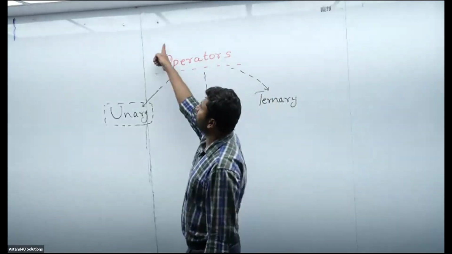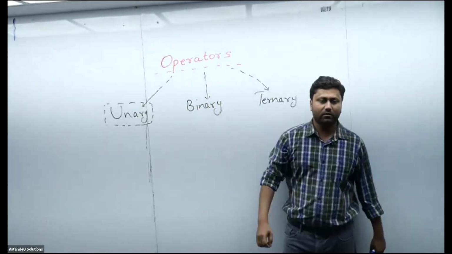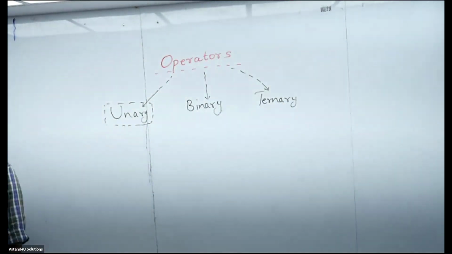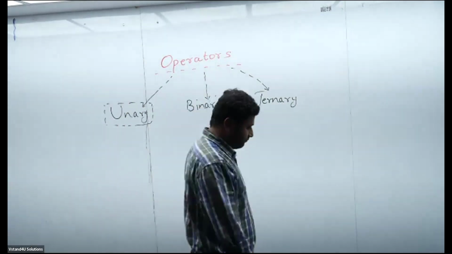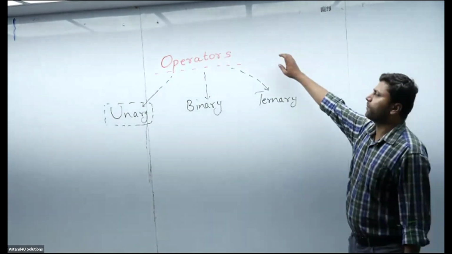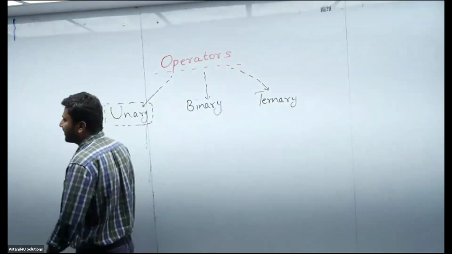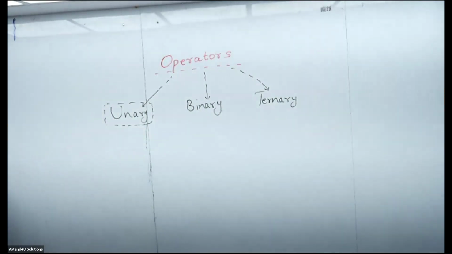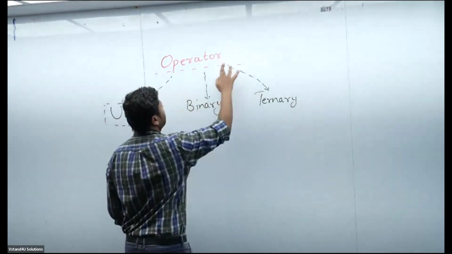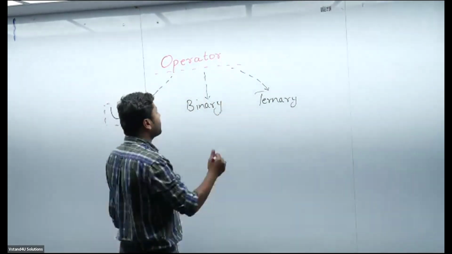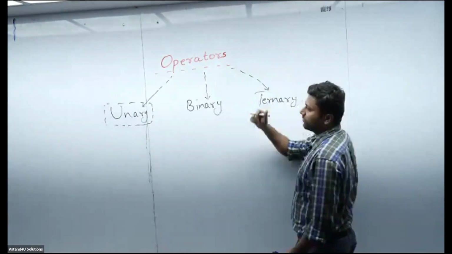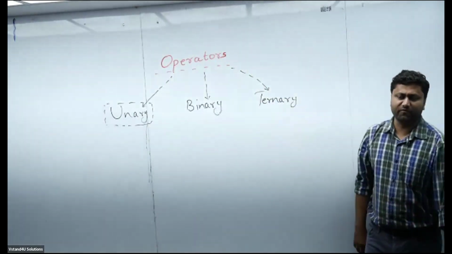And above this, or after this diagram, write one line: classification of operators based on the number of operands.